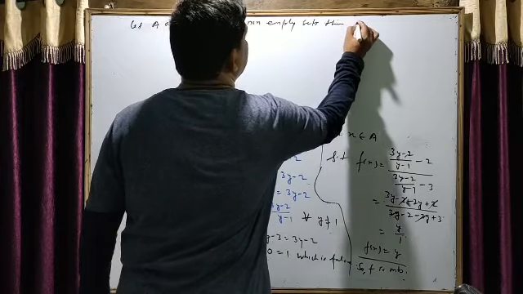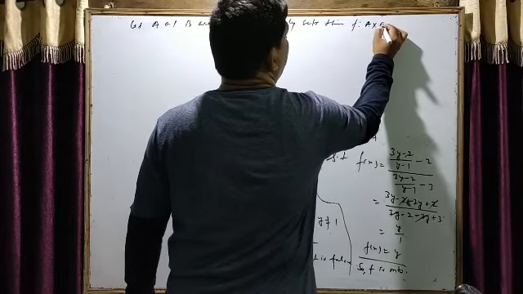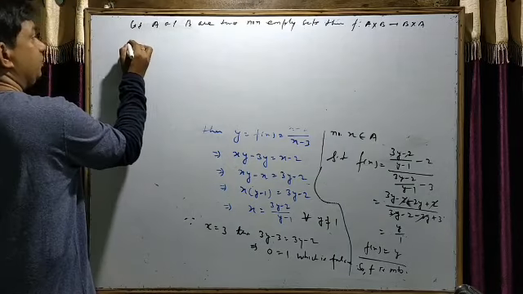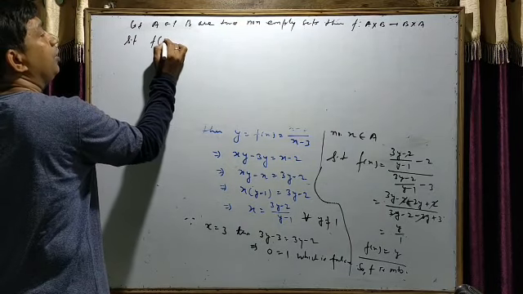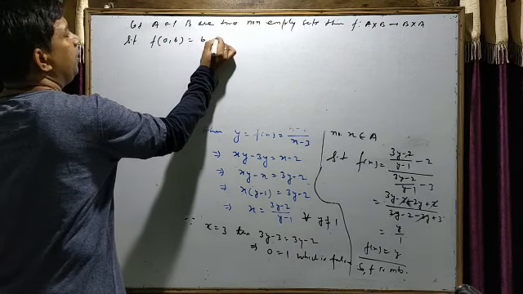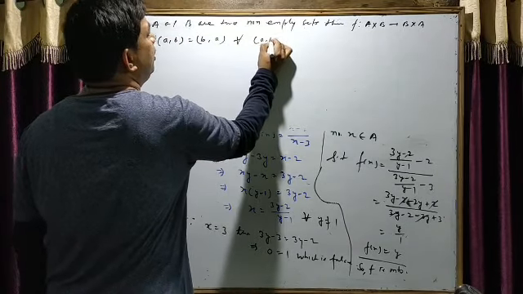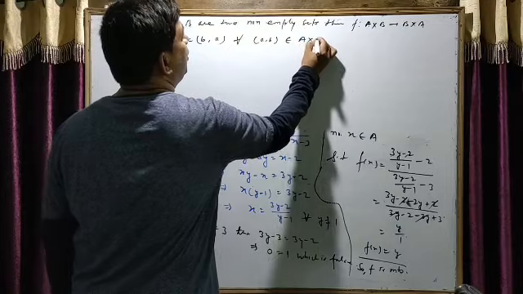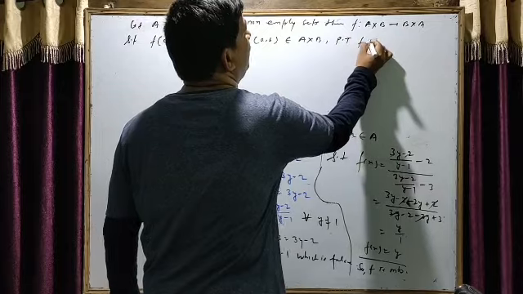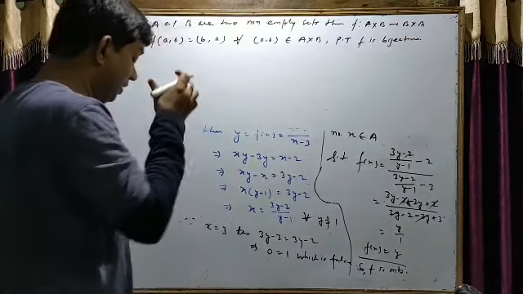Then f is a function from A cross B to B cross A such that f of (a, b) equal to (b, a) for all (a, b) a member of A cross B. Prove that f is bijective. You have to prove f is bijective.